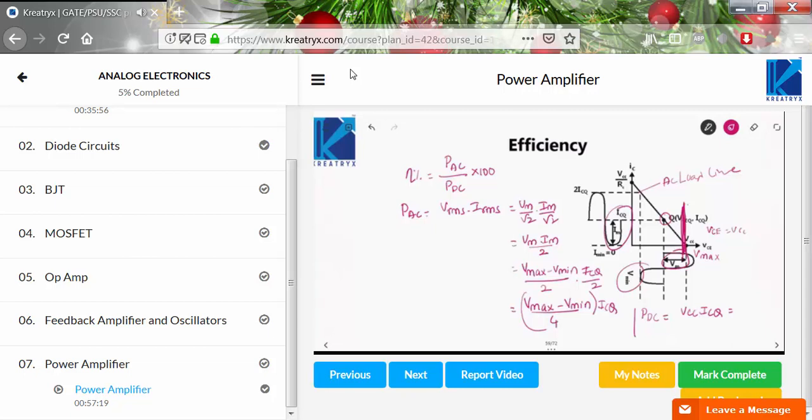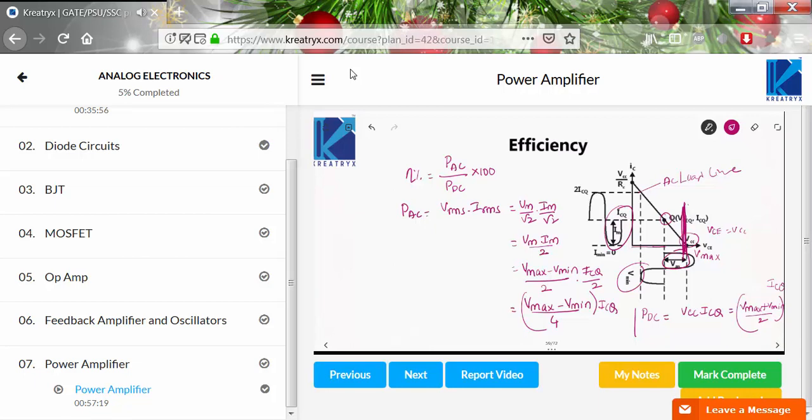This is the VC. VCC is nothing but this total one, right? So this is the V minimum and V maximum. VCC is nothing but V max plus V minimum by 2 into ICQ.